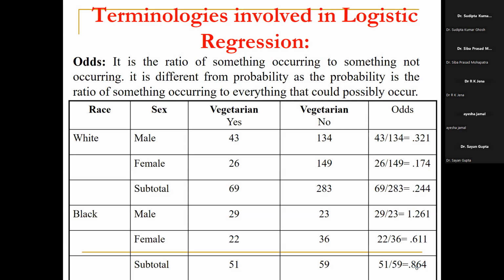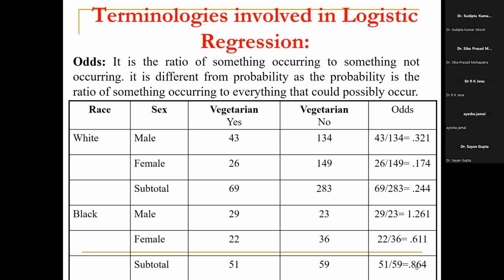Less than 1 defines that for the preferred class, that is, we started with yes, the odds of being vegetarian are less than those of being non-vegetarian. Similarly for female, if you see, it is 26 to 149. That is 26 divided by 149, that is 0.147. It means that the odds of vegetarian are less than non-vegetarian.